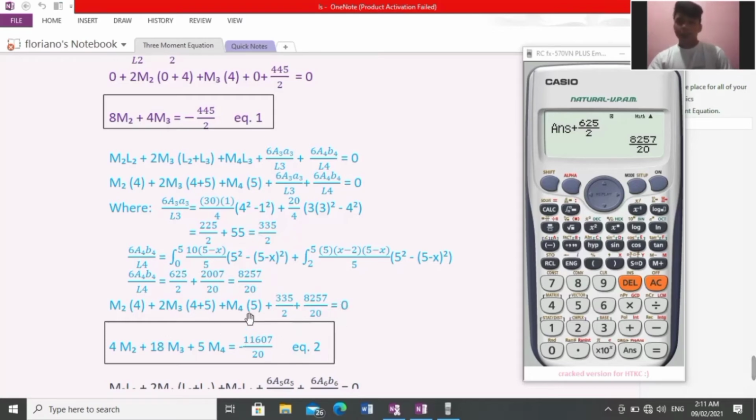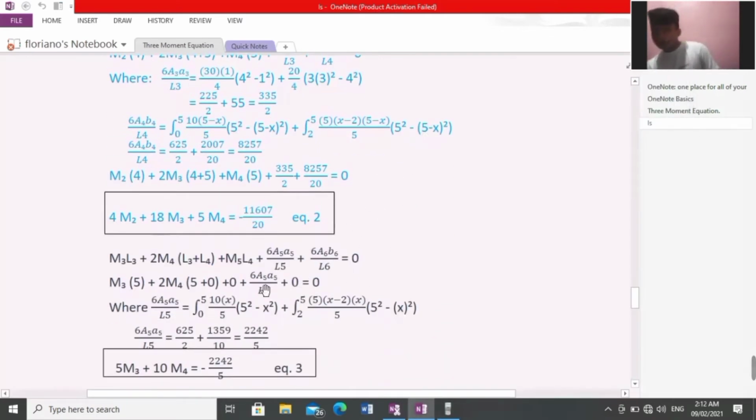So, by simplifying the equation, ang makukuha natin is 4M2 plus 18 M3, kasi 4 plus 5 is 9 times 2 is 18, plus 5 M4 is equals to, kung i-calculator natin ito, 335 all over 2 plus 8,257 all over 20. So, ang sagot is 11,607 all over 20. Negative 11,607 all over 20 kapag nilipat na natin siya dito. So, nakuha na natin yung equation 2 natin.